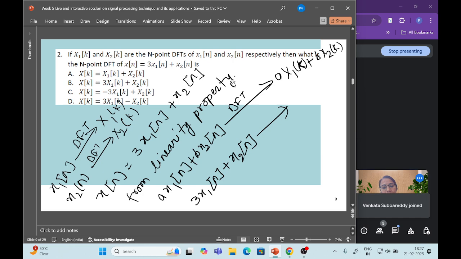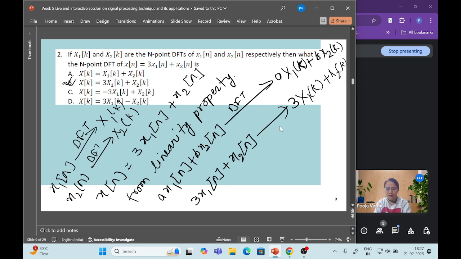So the respective DFT will be 3 x1 of k plus x2 of k, because it follows the linearity property. So option B is the correct answer for this question.